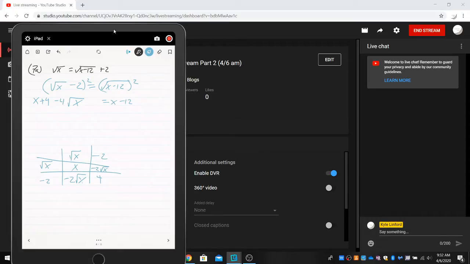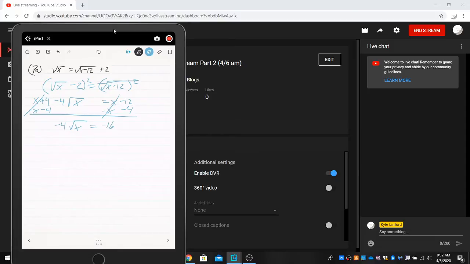We can see here that we've gotten rid of the one radical, and now we just have to get rid of the next one. So all we have to do is repeat the process of re-isolating the radical. I'll subtract x from both sides, and then I'll subtract 4. We end up with a negative 4 root x equaling, well, the x's cancel out, and we have negative 12 and negative 4 is negative 16.